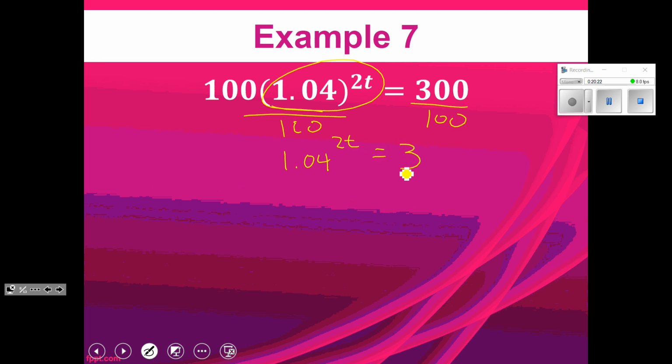option 1, somebody tell me how you solved it. Made it a log, okay? So what did you do? You said the log base 1.04 of 3 is equal to 2t. She put this in her calculator, so if you use your Math Alpha Math and you put in base 1.04 of 3, you get 28 point something.